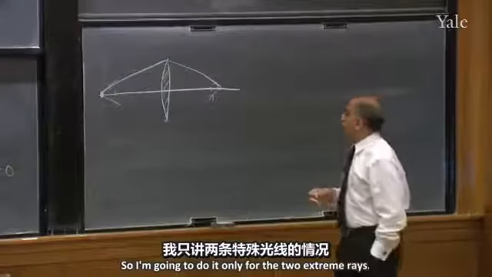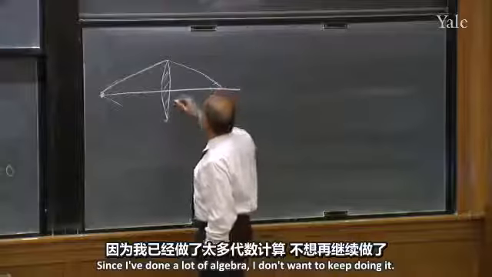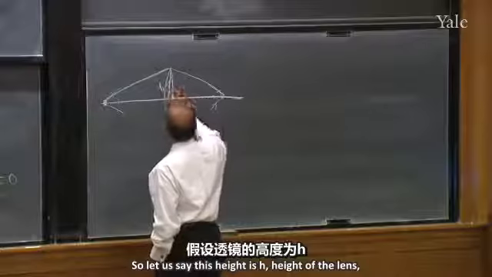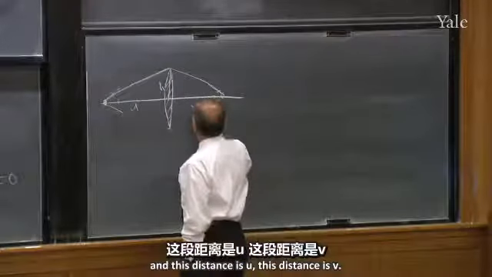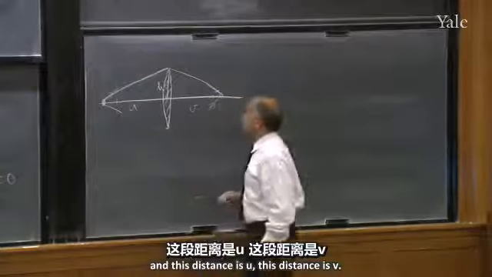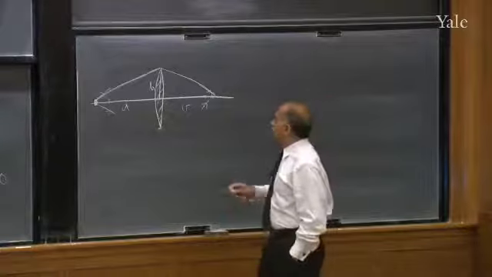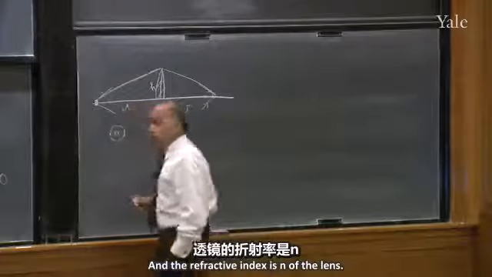So I'm going to do it only for the two extreme rays. Since I've done a lot of algebra, I don't want to keep doing it. Let us say this height is h, the height of the lens, this distance is u, this distance is v, and the refractive index of the lens is n.